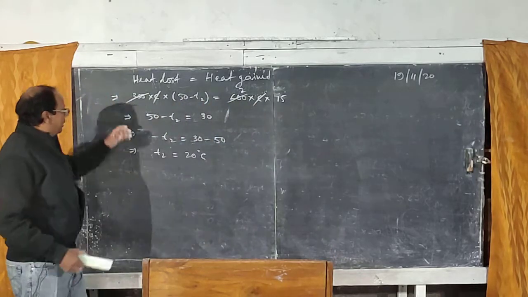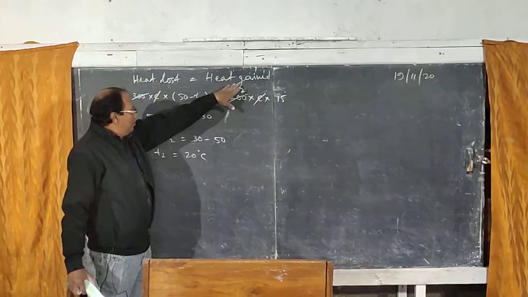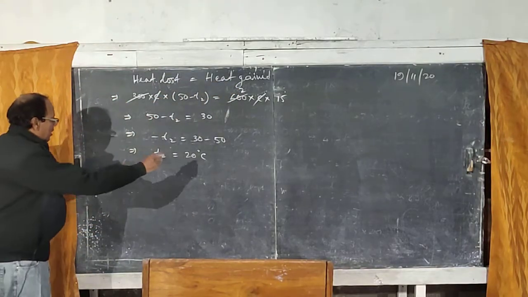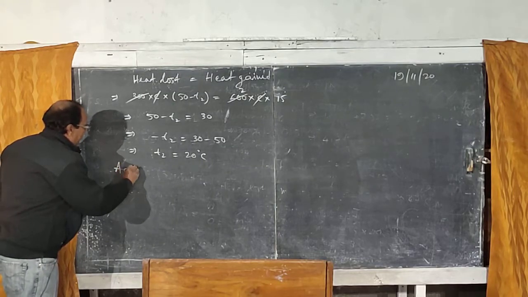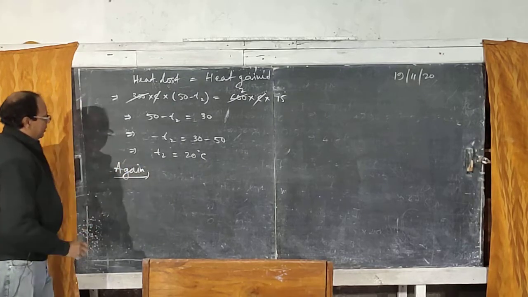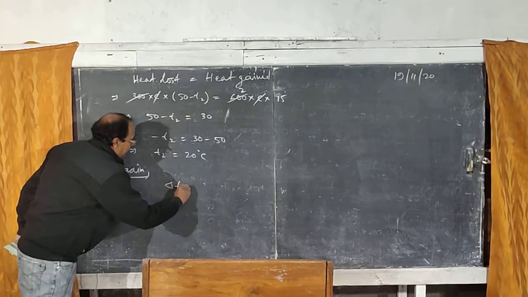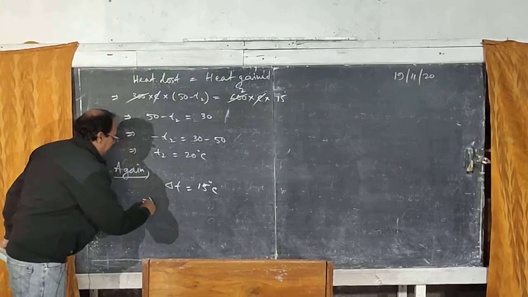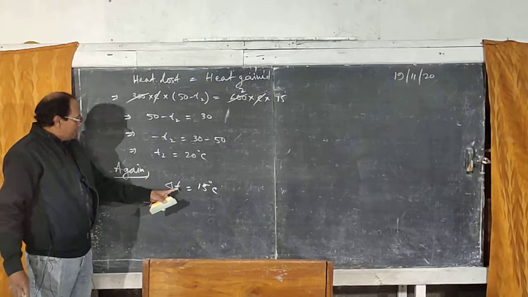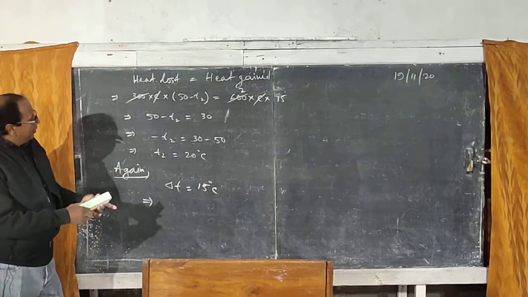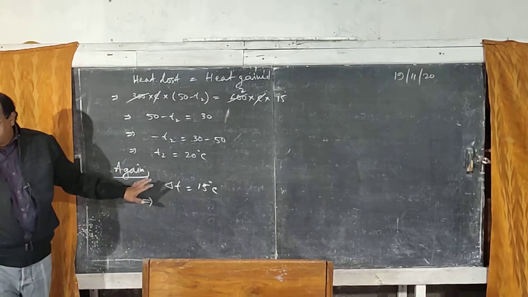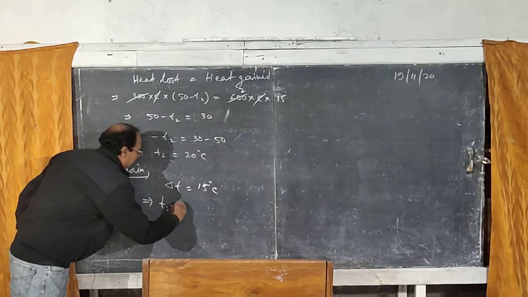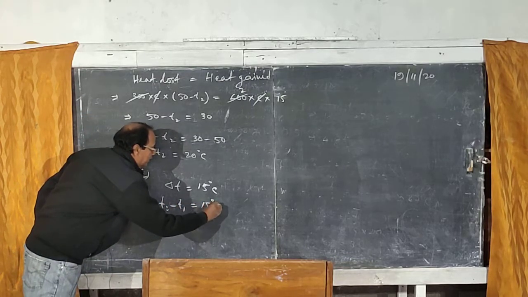We have already noticed that cold water temperature rises by 15 degrees Celsius. So we will be using the second step. Delta T is equal to 15 degree Celsius, and delta T means T2 minus T1 is equal to 15 degree Celsius.